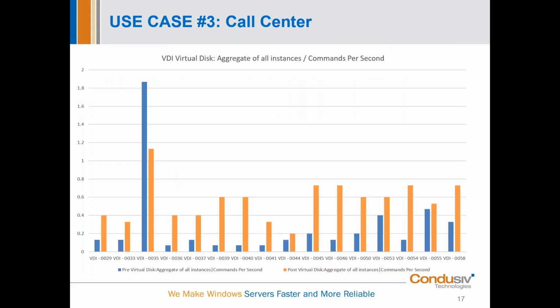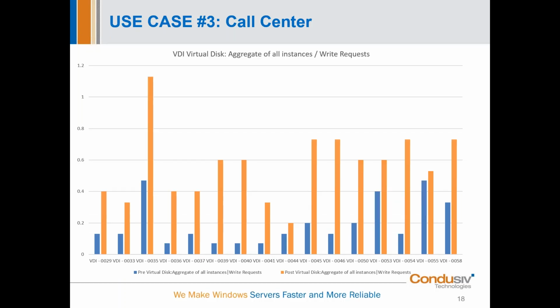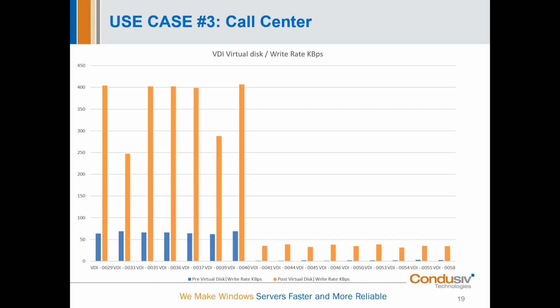And if we go to the next slide, commands per second, again, improve dramatically, more than double in most cases. And if we take a look at the next slide, we can see the average number of write requests. We can see that across the board, every system realized a significant increase in activity and throughput.